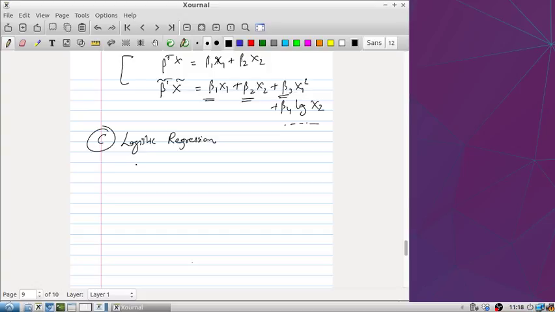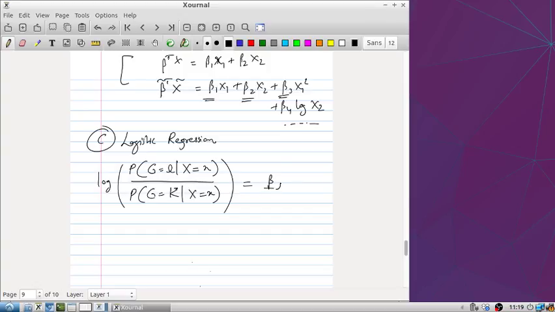Let me not think of the joint distribution at all, and just think of the conditional distribution of G given X. In classification, the conditional distribution is always what we care about. We're going to assume that the log of the ratio of the probability of G equal to l given X equal to x, to the probability of G equal to, let's fix the last class, capital K, given X equal to x, is linear: beta vector l transpose x. I'm just going to assume that to be linear.